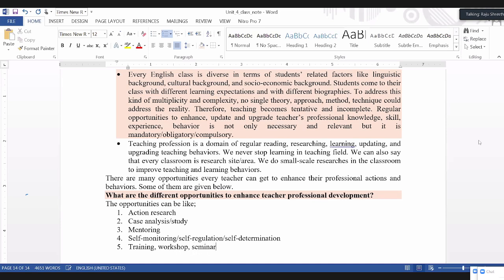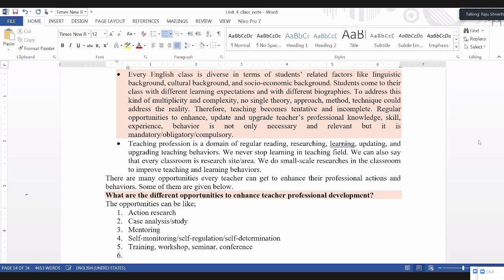We attend seminar also. We attend conference also, professional conferences. So training workshops, seminar, conferences we attend, and then mentoring will be there, self-monitoring will be there, action research, case study we carry out.